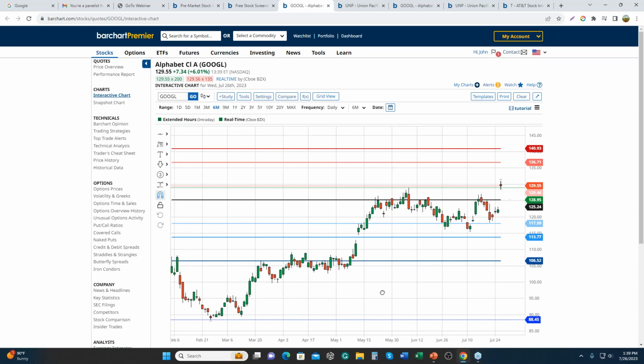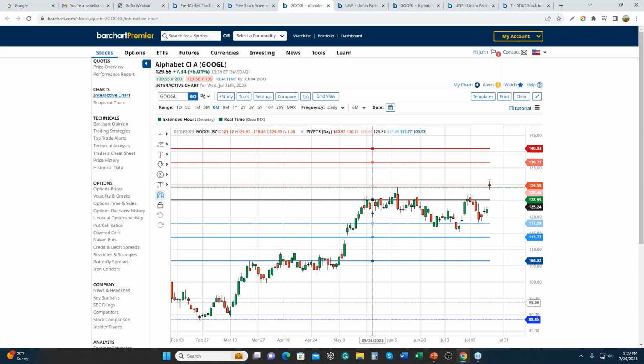So what I did was set up for this. I took the liberty of adding the study of the pivots, and here are our pivots. And again, I'm in a daily chart.